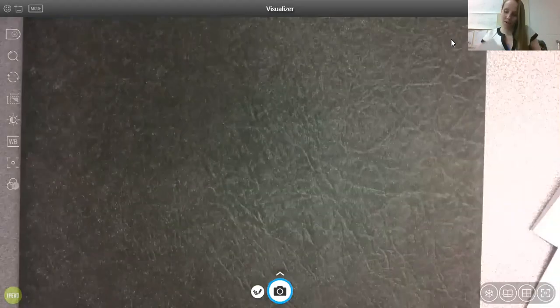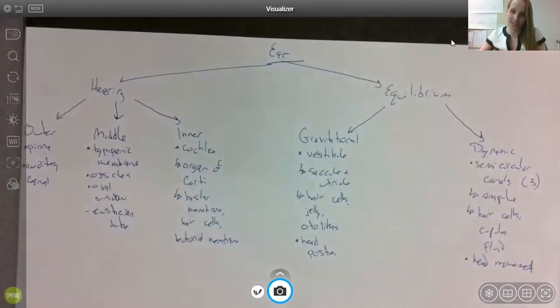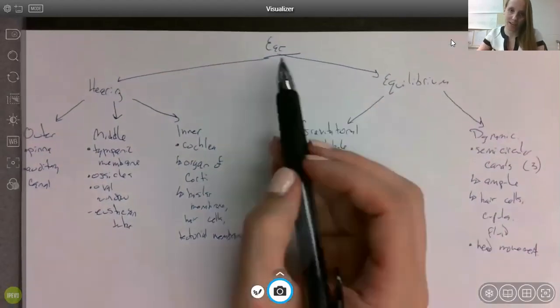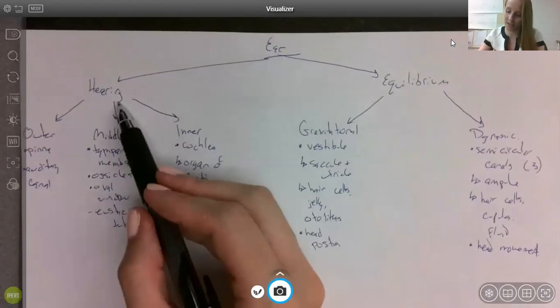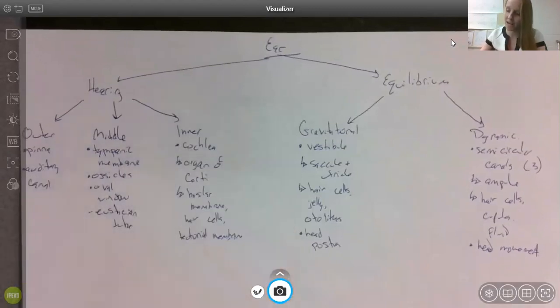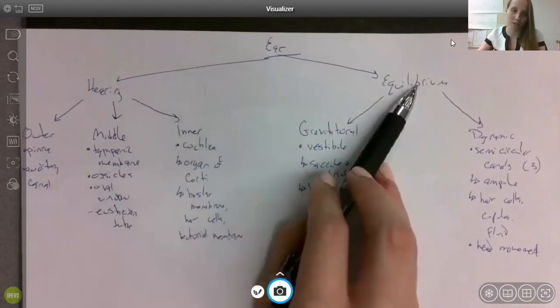And just to summarize the different areas of the ear here, we have the hearing portion of the ear, which is made up of the outer, middle, and part of the inner ear, and then the equilibrium portion.